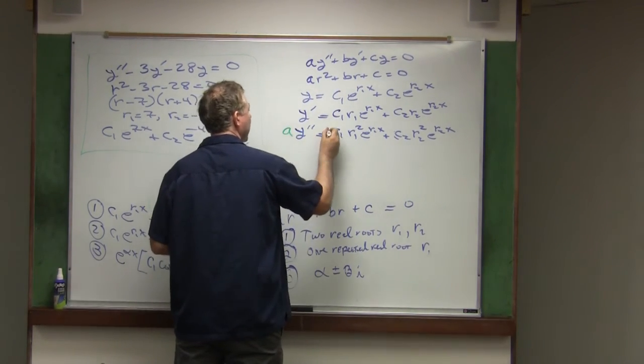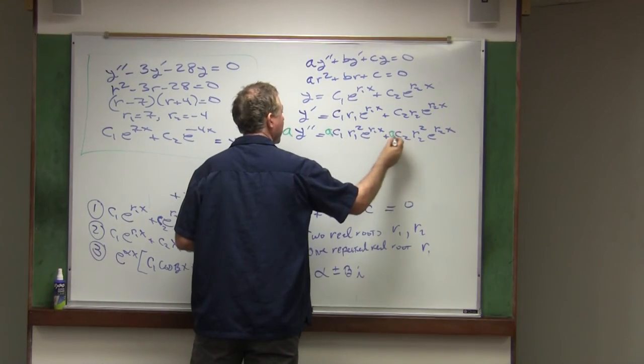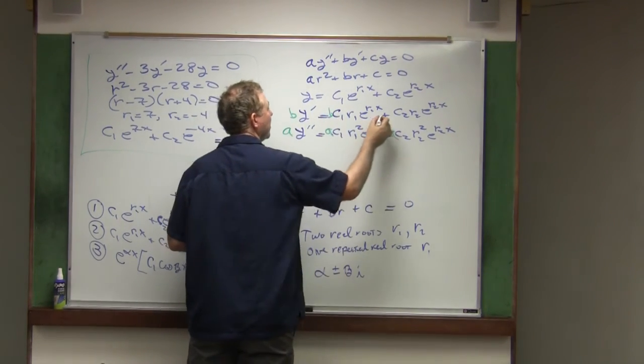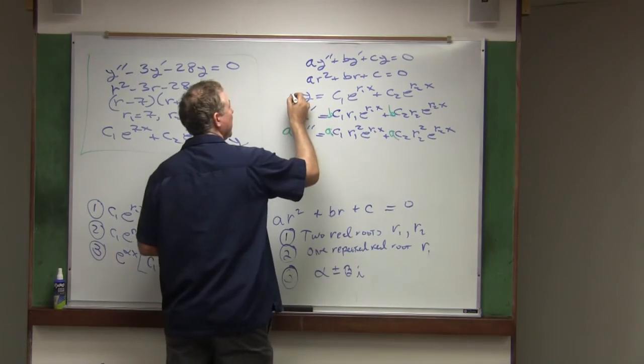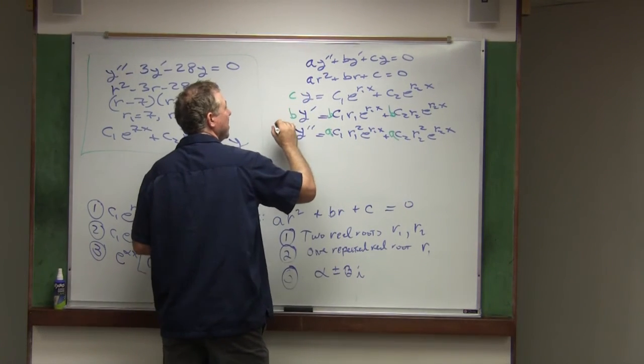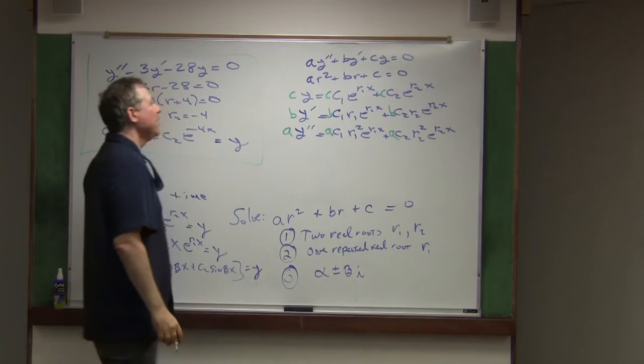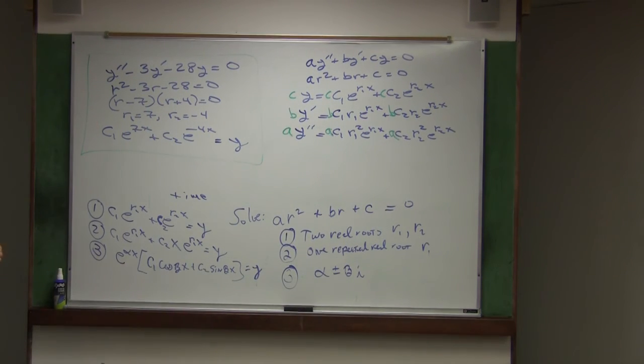So put the a here, let's put the b here, and the b here, and let's put the c here, and the c here. Okay? Now I want to add them up and check that I do get 0.